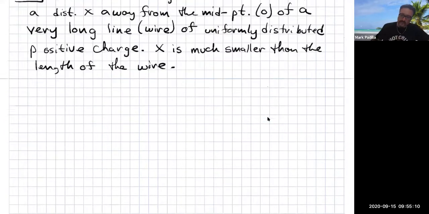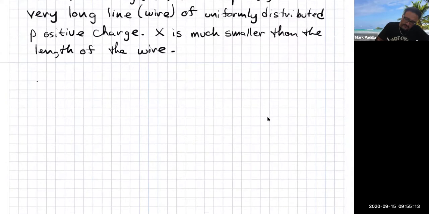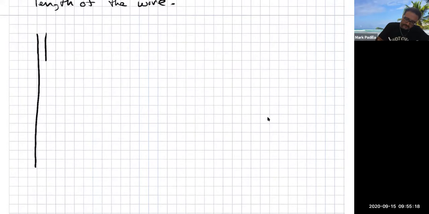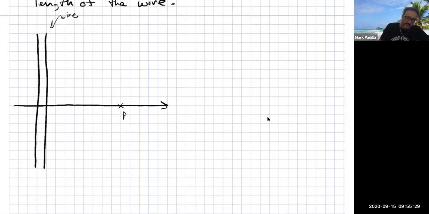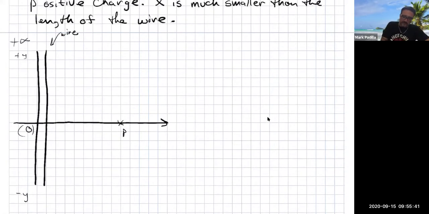All right. I want you guys all to learn this method. That's a wire. There's my point P. Positive Y, negative Y. There's my 0 point. Positive infinity, negative infinity.